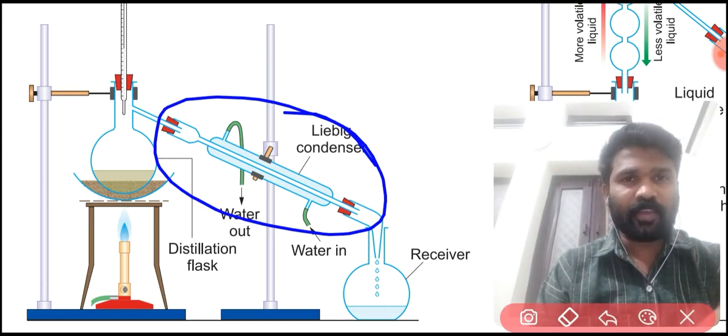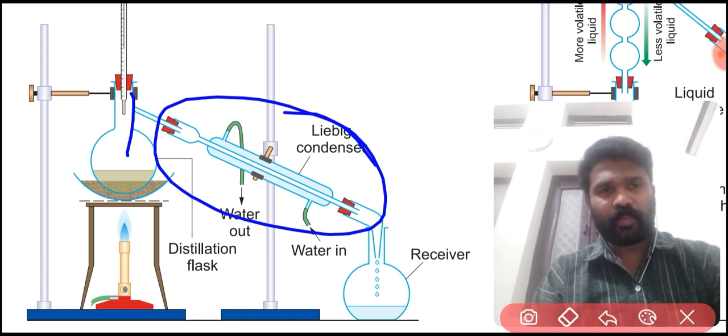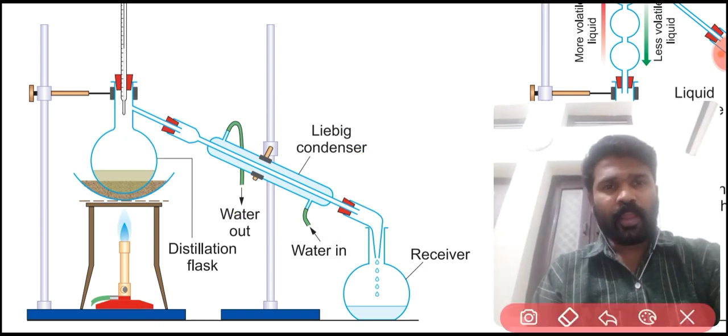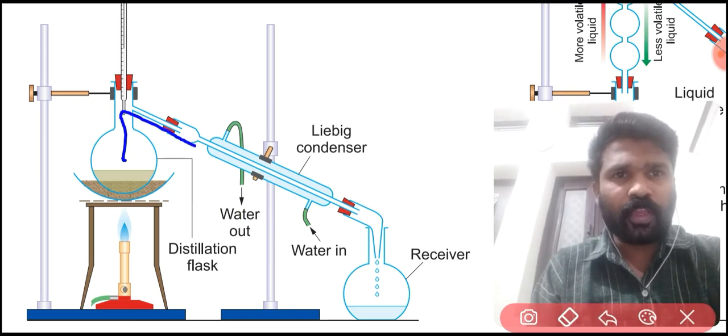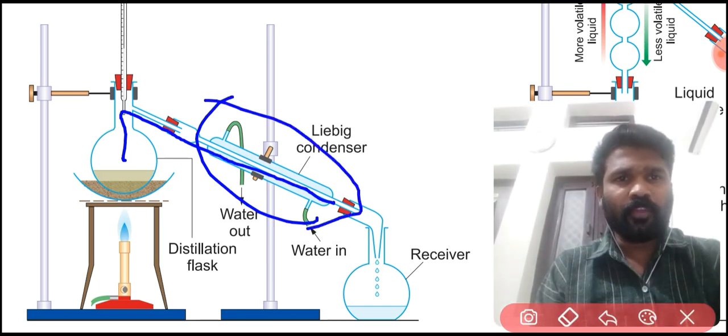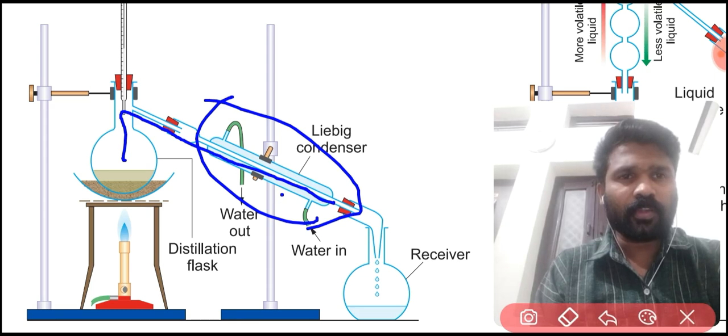It will change as vapor, and that vapor will pass through the Liebig condenser, and in the passage itself, this vapor will change as water, and that water can be collected here in the receiver.